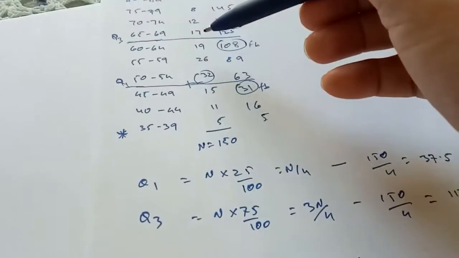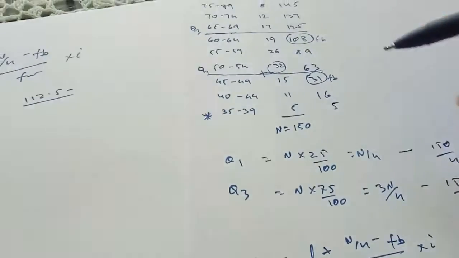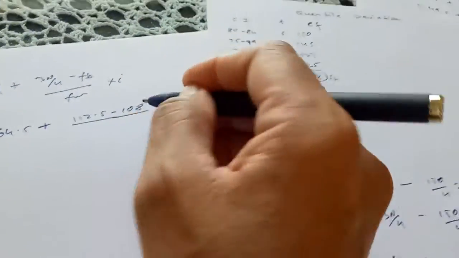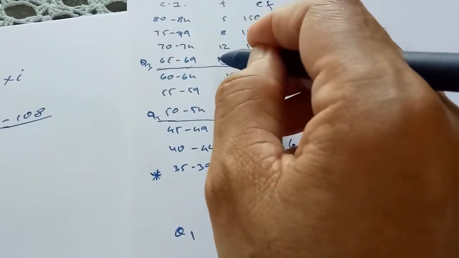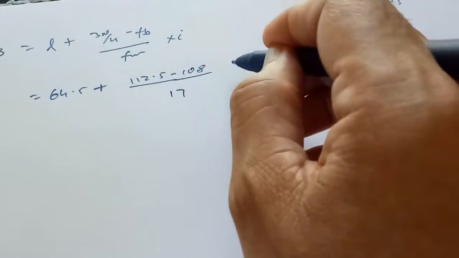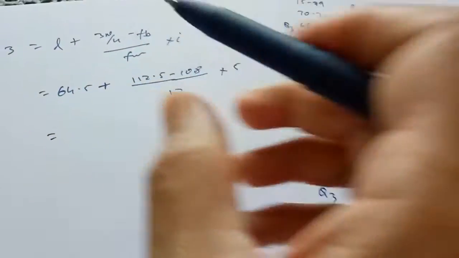Always remember B is below. So below is towards the lower end of the distribution. So 108 over here divided by, what is the exact frequency over here? FM is 17. So I write divided by 17 into I, again the size of the class interval.